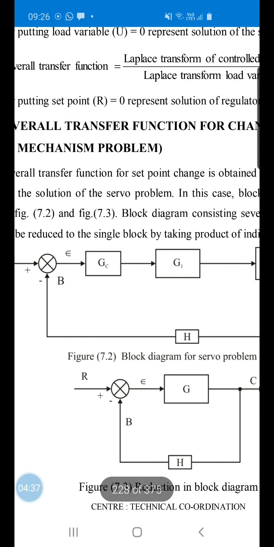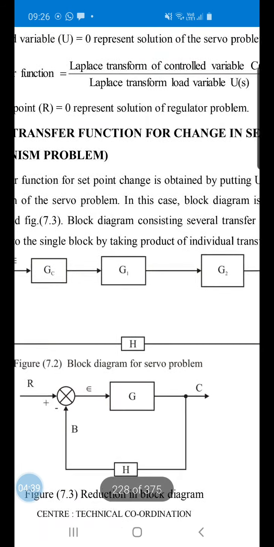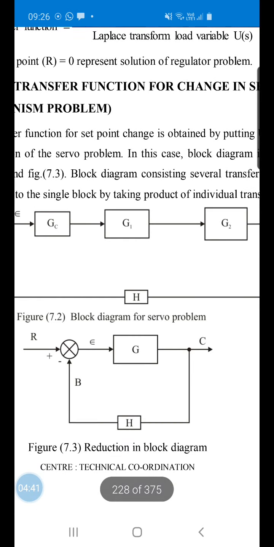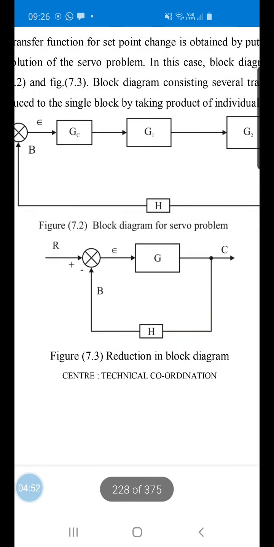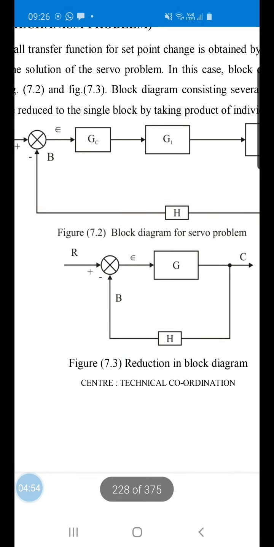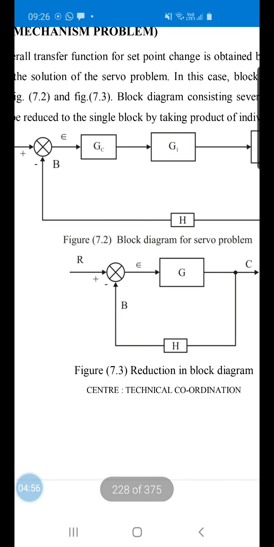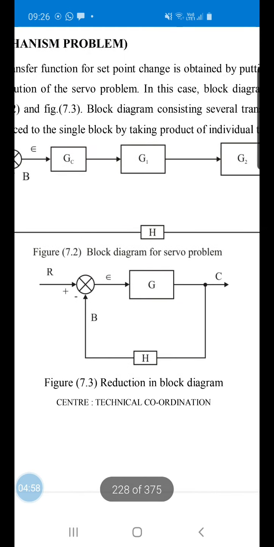We write GC, G1 and G2 as G only. Whatever the transfer function is in the feedback path, we write as H. So what remains is R, epsilon, B, G, which is the product of GC, G1, G2, then C and H. So we have reduced the block diagram.